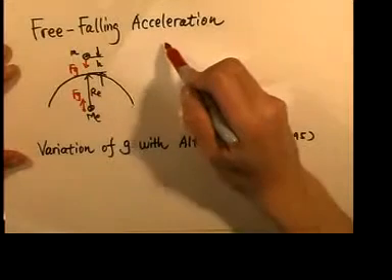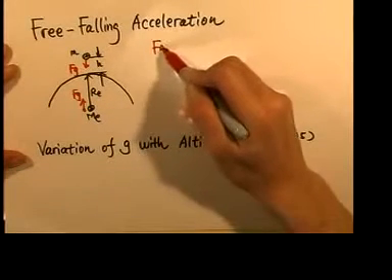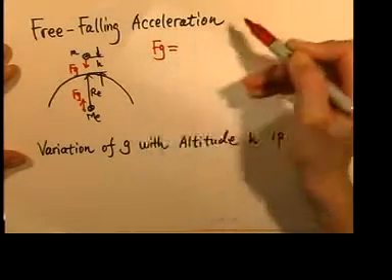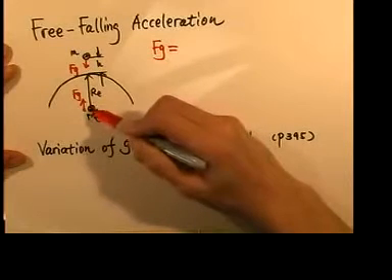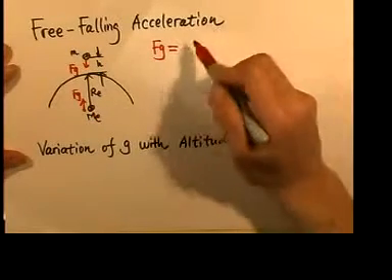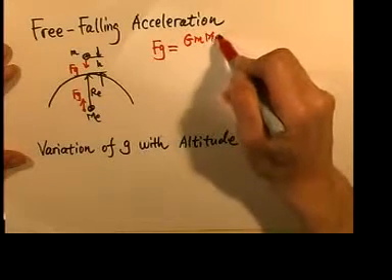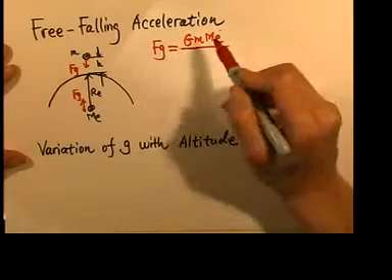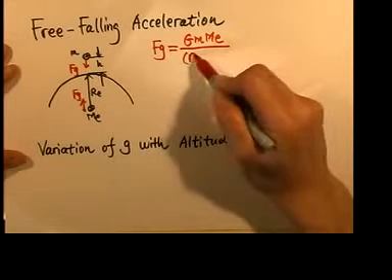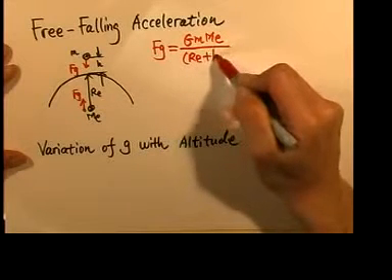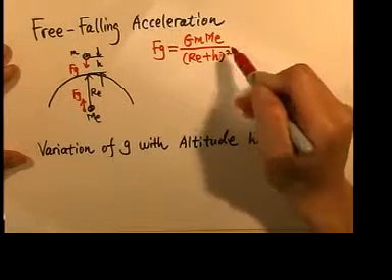This F_G can be expressed as, since this is a point mass concentrated at the center, capital G, little m, mass of the Earth, divided by their separation squared. The separation is R_E plus h. Don't forget this square.